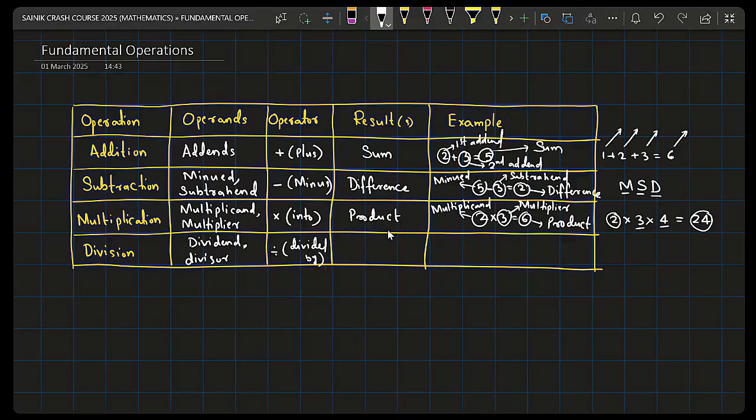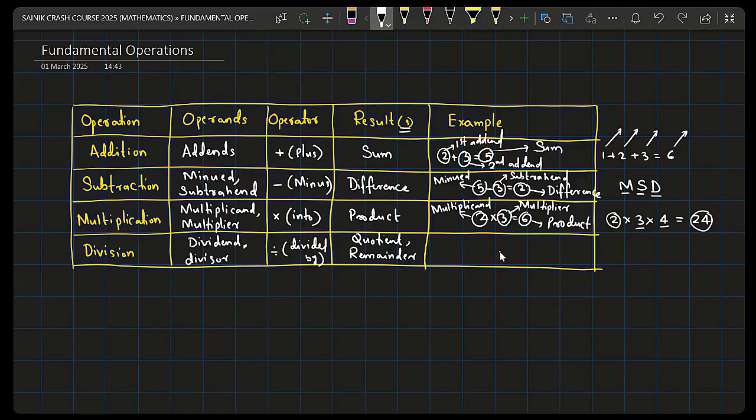There are two results. That's why there is a plural form, S. Result or results. For all the previous operations, addition, subtraction, multiplication, we have only one result. But for division, there are two results. What are they? Quotient and remainder.